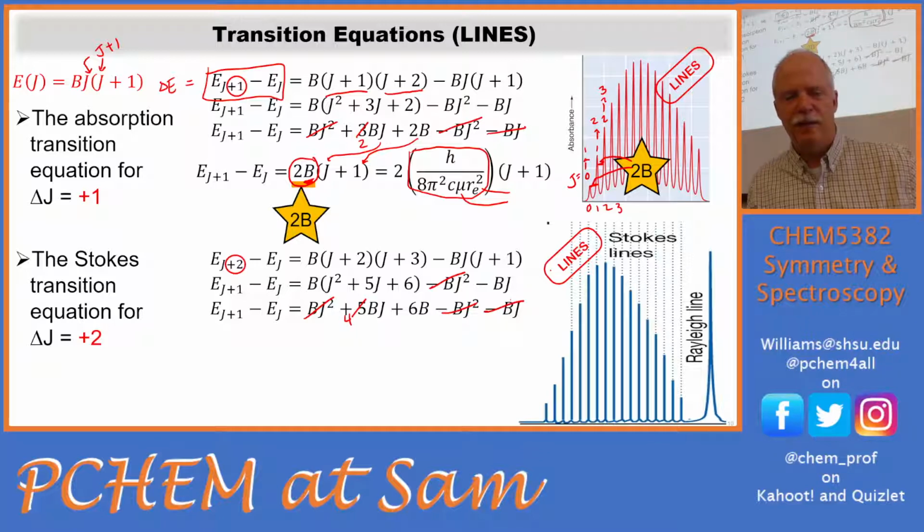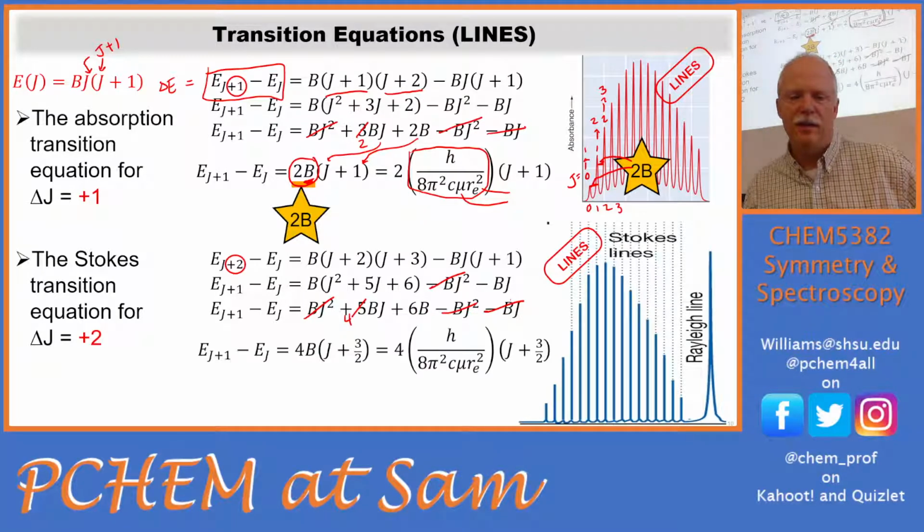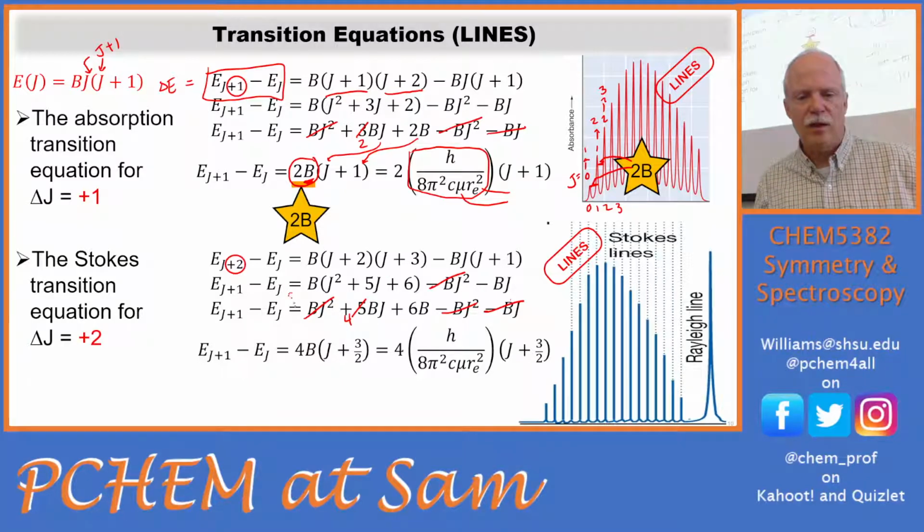And so I have this 4B here and a 6B there. If I pull out a 4B, how do I get 4 out of 6? Well, I can simplify that and make it 3 halves. And so it looks like this, 4B times J plus 1.